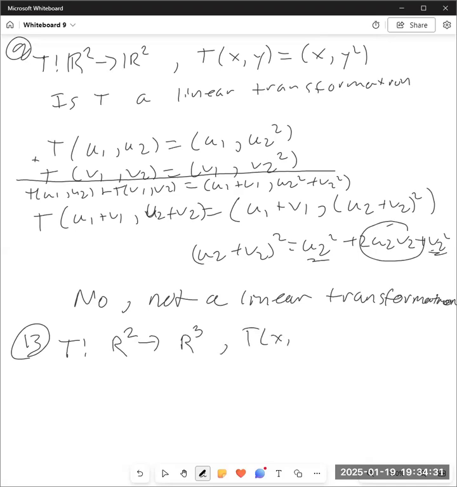T of x, y equals square root of x, x y, square root of y, and let's look at this. I know this is not linear because of square roots.